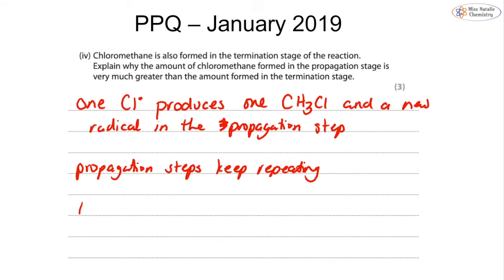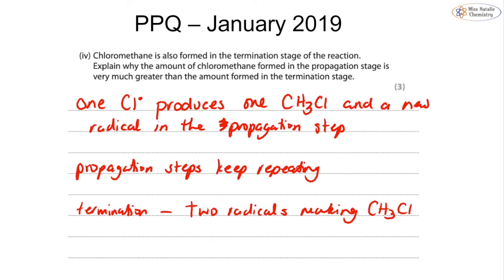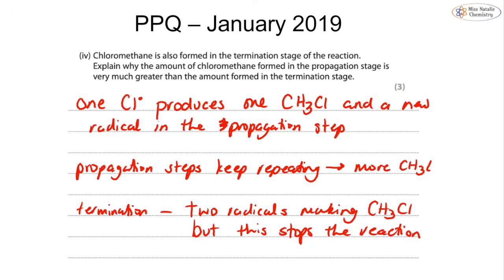Whereas in a termination step, we have two radicals making the CH3Cl, but this stops the reaction. So we don't get any more recycling here, and we don't form anything else. So we only make the chloromethane, whereas with the propagation, we get this constant repeating. So we're going to be making more chloromethane. And that's your 3 marks.